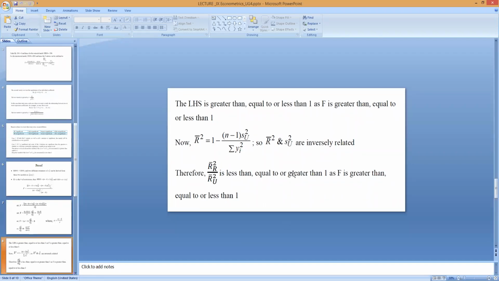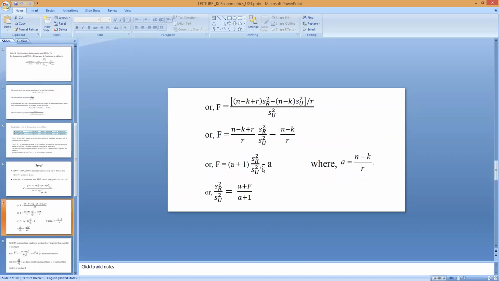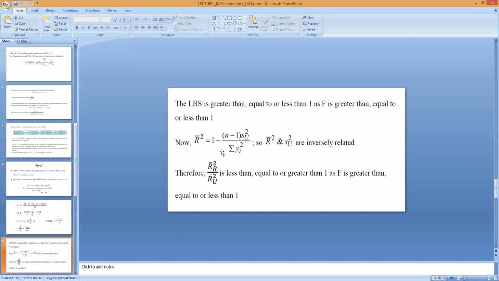In the first step, you are considering the ratio of variances and showing how it is related to F. In the second step, you are proving that A square is inversely related to R bar square. Then you are replacing the ratio of sample variances by the ratio of the relevant R bar squares. And hence you are writing this proposition, this ratio will be less than, equal to, or greater than 1 as F is greater than, equal to, or less than 1.